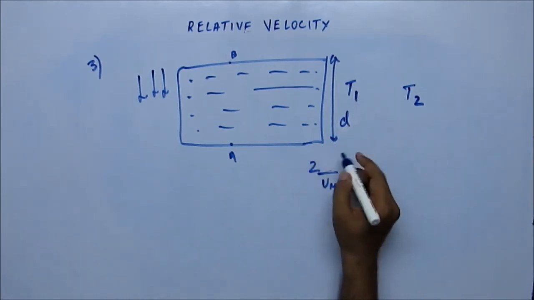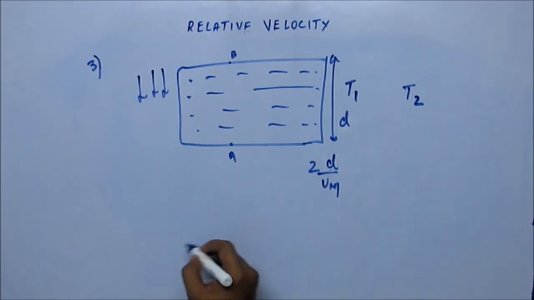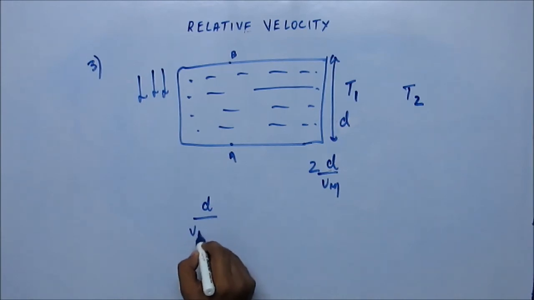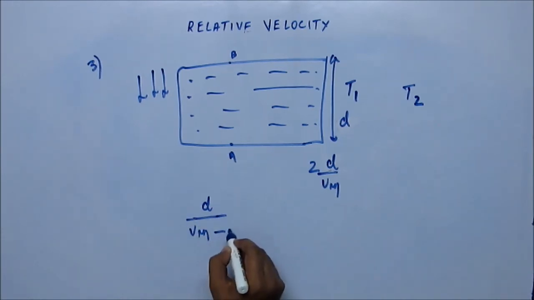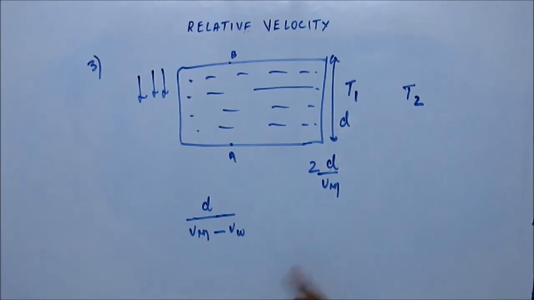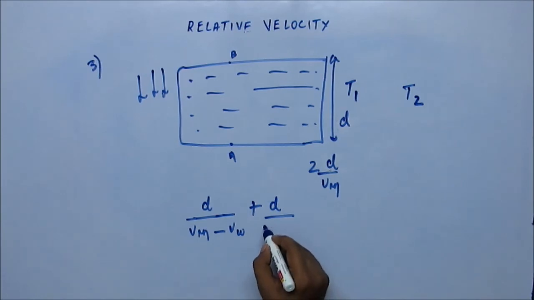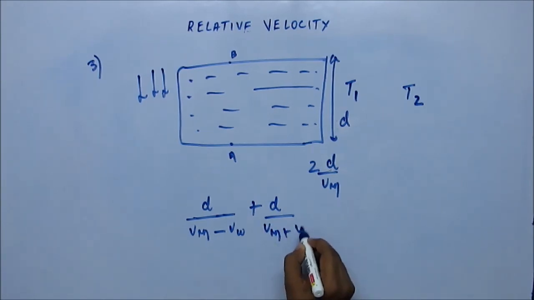Let's make the width D. On the first half of the journey, the speed would be the man's speed Vm minus the opposing speed of the water, Vw. This is the time taken. For the other half, the water current will help the swimmer, so the speed is Vm plus Vw. This is going to be the total time taken.